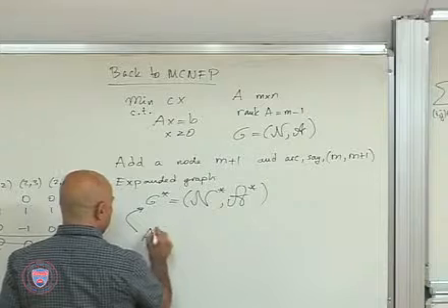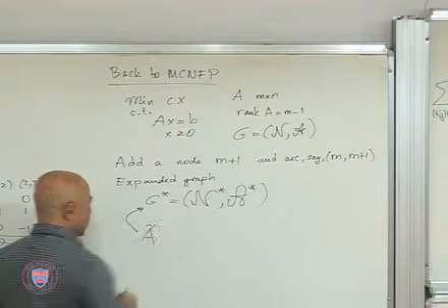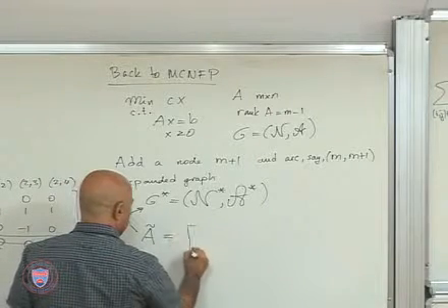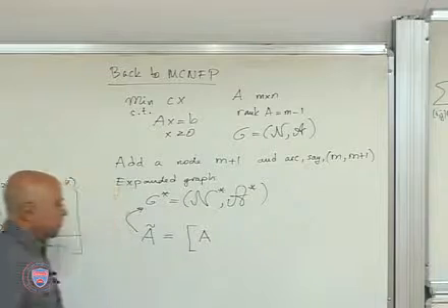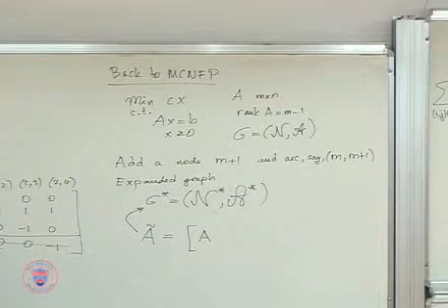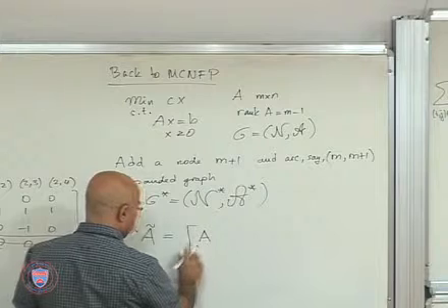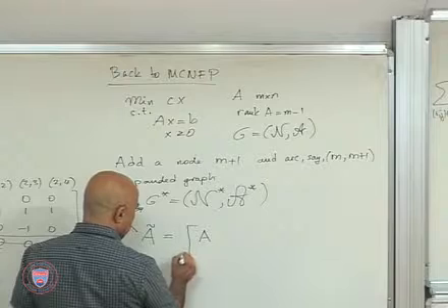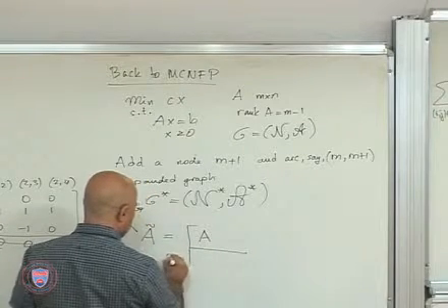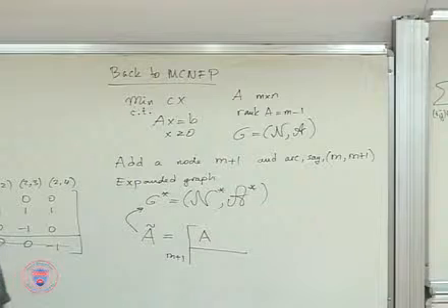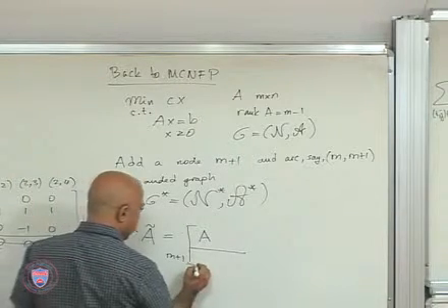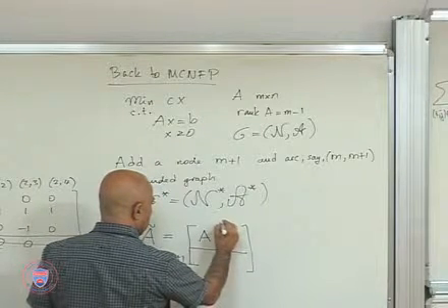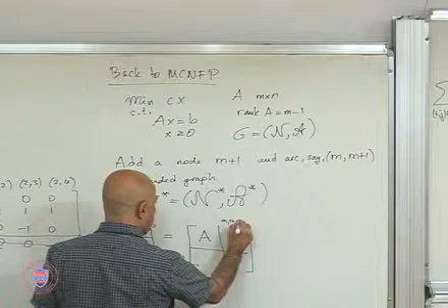I'm not going to call it star yet. Let me call it A tilde first. I'm going to take the A matrix of the previous one, and to it I'm going to add a new row corresponding to the new node added, and there's also a new arc, m plus 1.